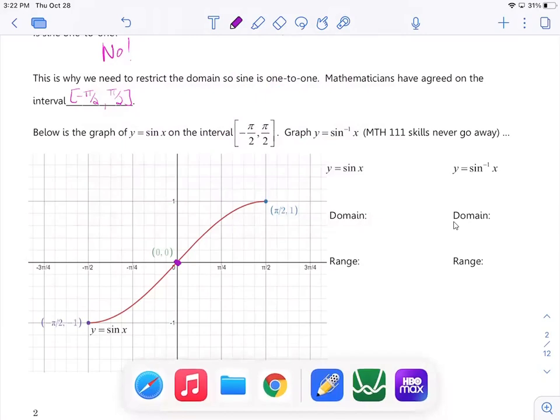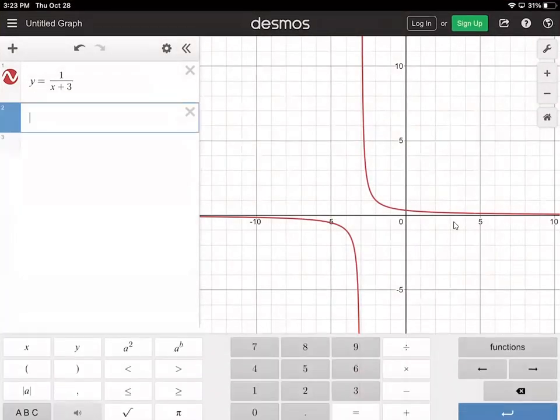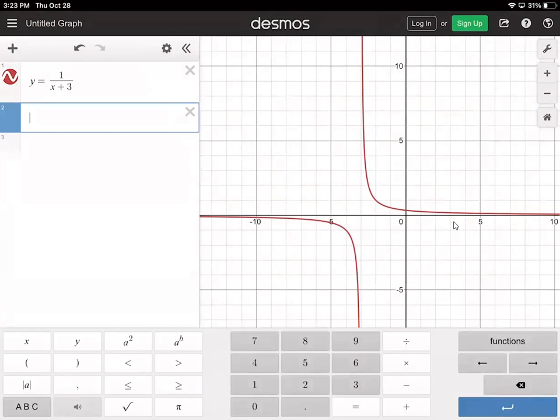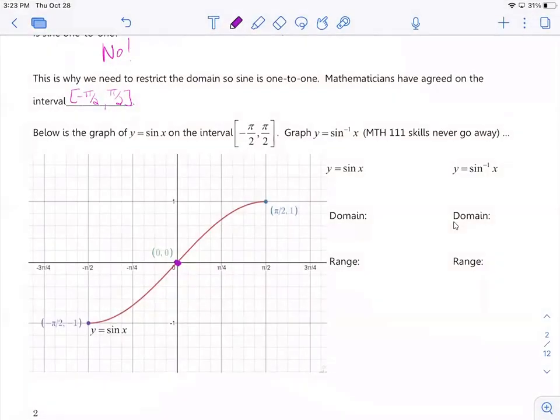So let me go ahead and go back to Desmos, and I'm just going to find what pi over 2 is equivalent to, so I can approximate about 1.57. All right, so let me go back to my notes. So I need to swap about 1.571.